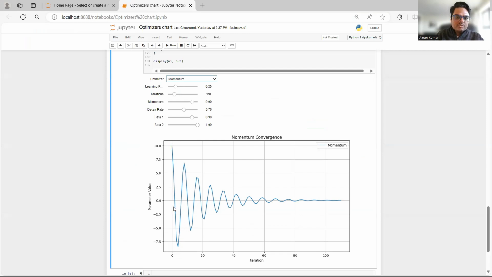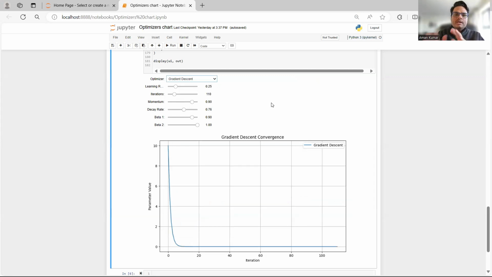We are starting from 10. If you see carefully, from 10 it is coming all the way to minus 7.5 or 8, then it again goes back to 7.5 plus, and slowly it is coming close to 0. How is this different from normal gradient descent? Normal gradient descent is coming in kind of slow steps and trying to converge.